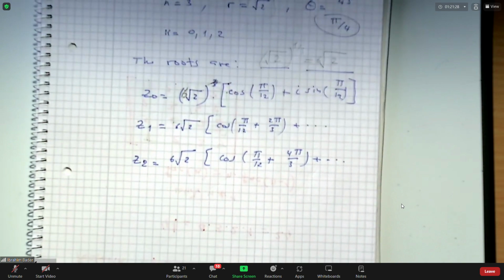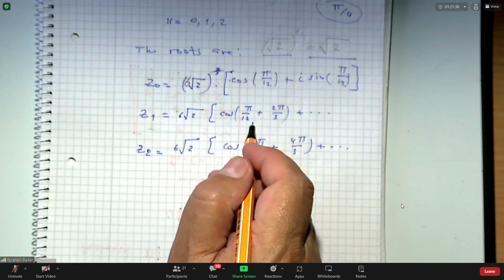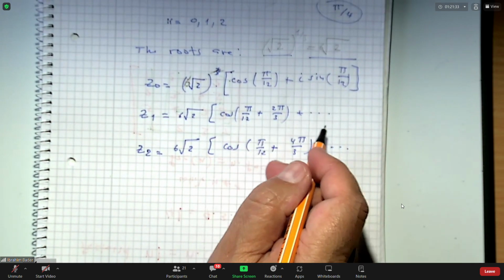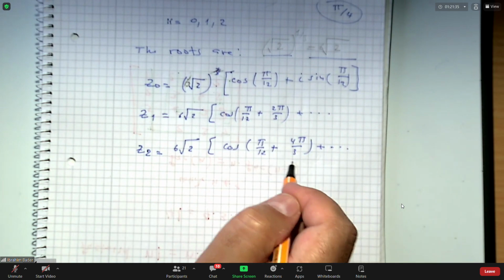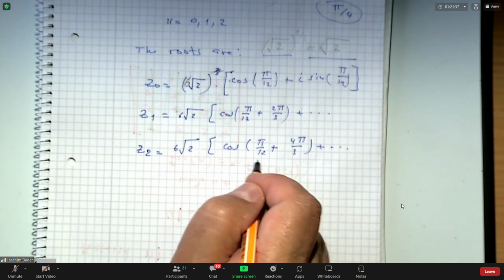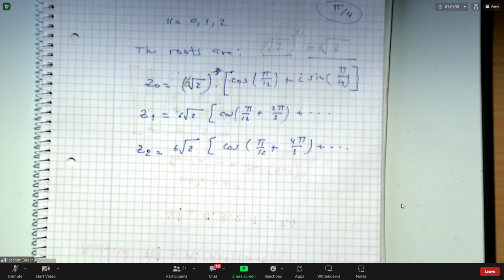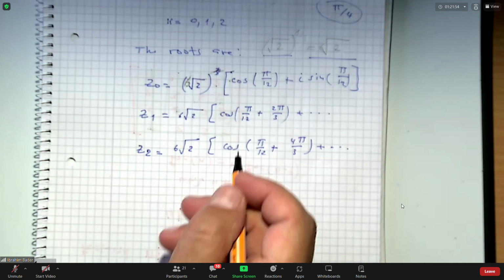Now notice that here at the end, you will be having cosine and sine of an angle. So that means you can evaluate this number and put this in the so-called standard form. So whenever you are asked to plot these roots, you need to evaluate it further.